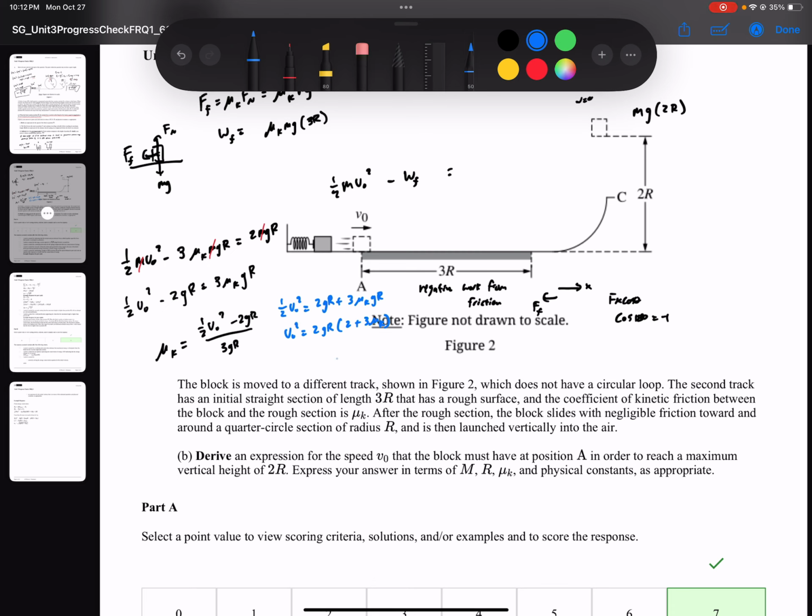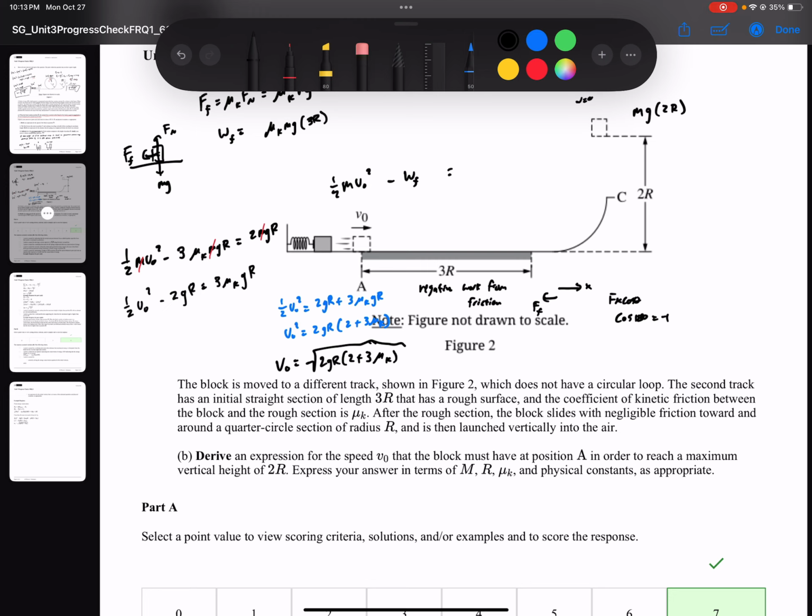Oh wait, actually we're not deriving mu. Whoops. We're deriving v naught. And that's where I got to be careful. So here you just get v naught is equal to the square root of 2gr times 2 plus 3 mu sub k.